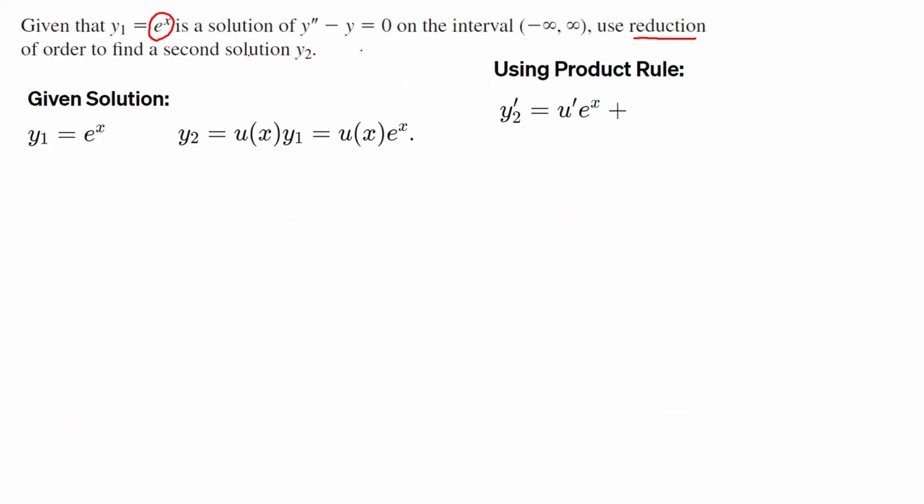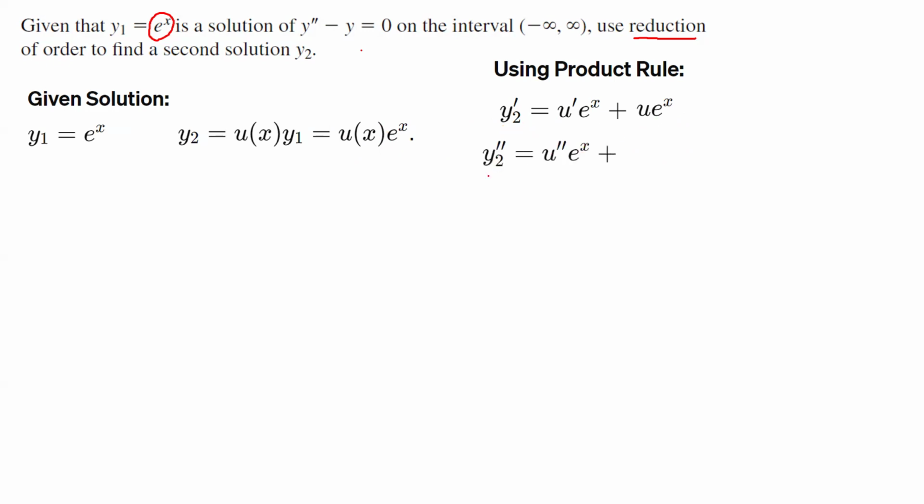The first derivative of y sub 2 is the derivative of u times e to the x, so it is u prime e to the x, plus u times the derivative of e to the x, which is e to the x. Now use this first derivative to find the second derivative.